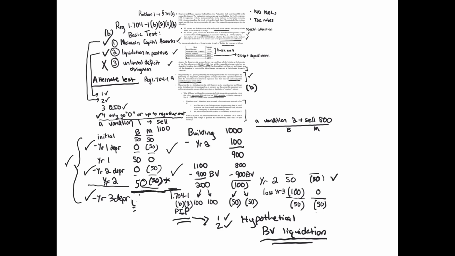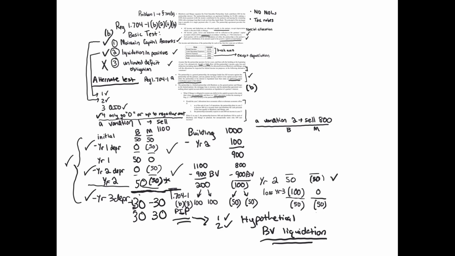As of the end of year 2, the partnership plans in year 3 to borrow $60 on a recourse basis and distribute the cash proceeds of the loan equally. So it's going to do $30 and $30. So that would come out, right, 30 and 30. And the partnership reasonably expects to earn $60 of net income in year 3. Well, net income will be allocated, what, 50-50, right?